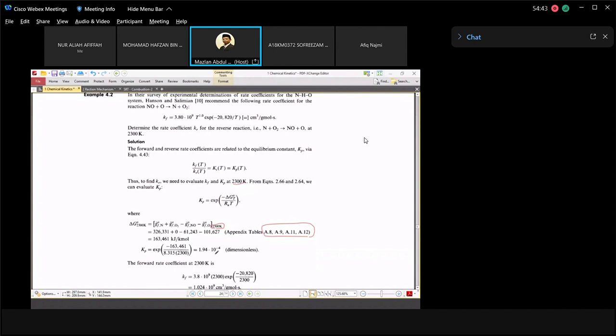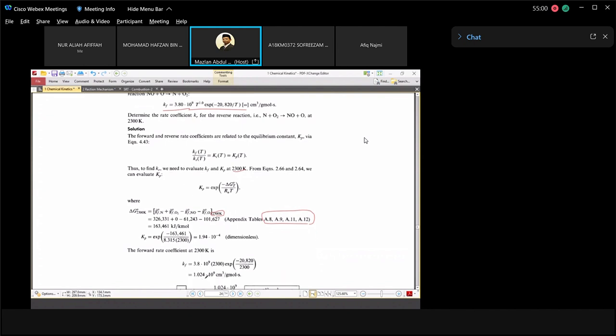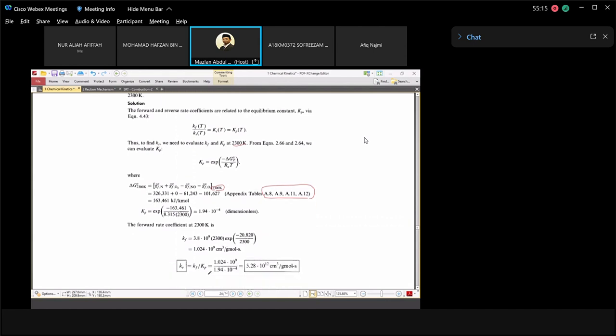So the forward reaction, they give you the equation there. Evaluate that based on what is given in the question. So Kf is equal to 3.8 times temperature 2300 to the power, exponential of negative 2820 over temperature, which is 2300. So Kf is 1.04 times 10 to the power of 9 centimeter cubed per gram mole second.